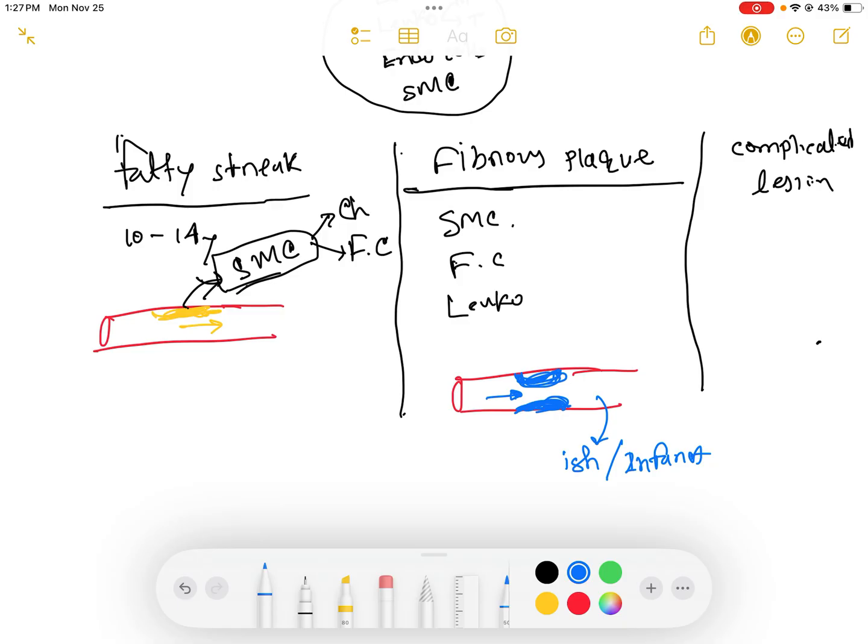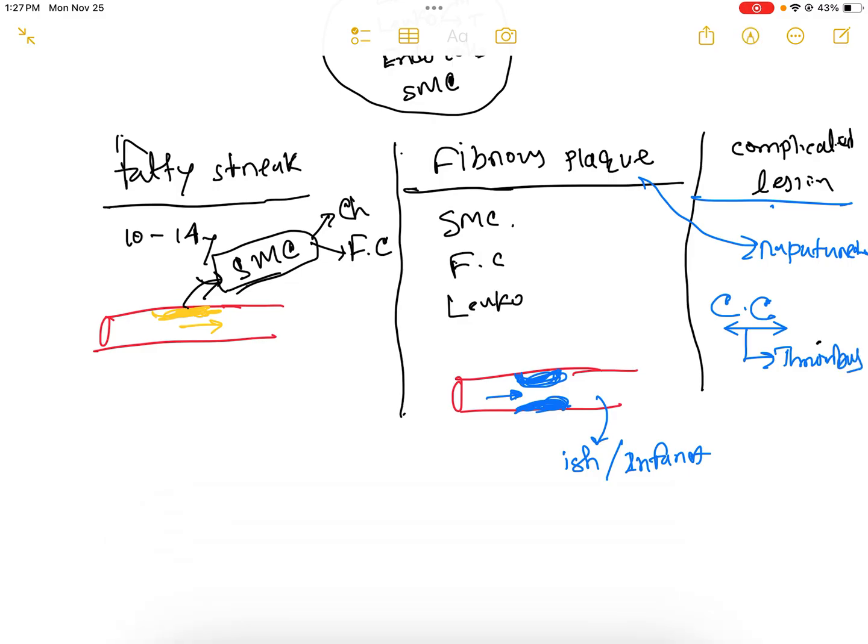This occurs when the fibrous plaque ruptures, provoking activation of the coagulation cascade and the formation of thrombus.